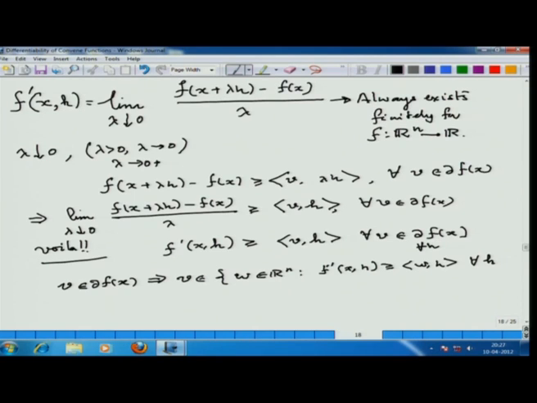You fix an h, then for all v this formula would hold. So, basically, the subdifferential becomes a subset of this set. It is the collection of all such w's which satisfy this inequality for all h.